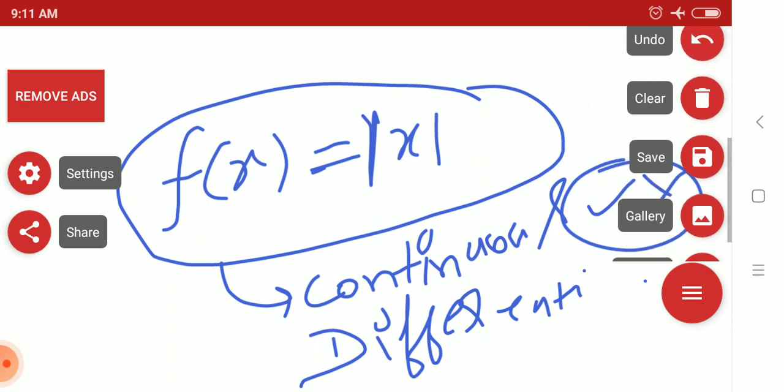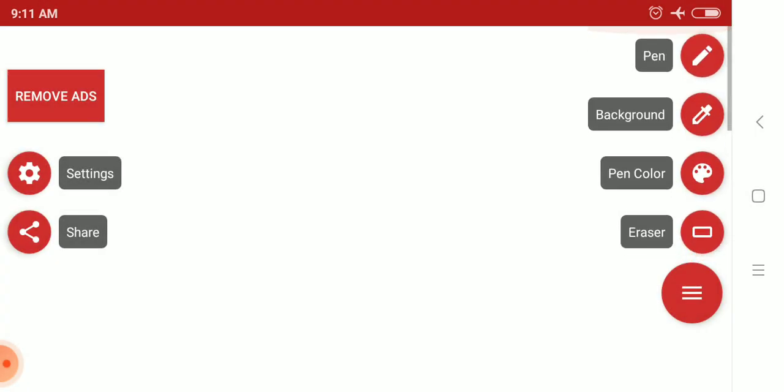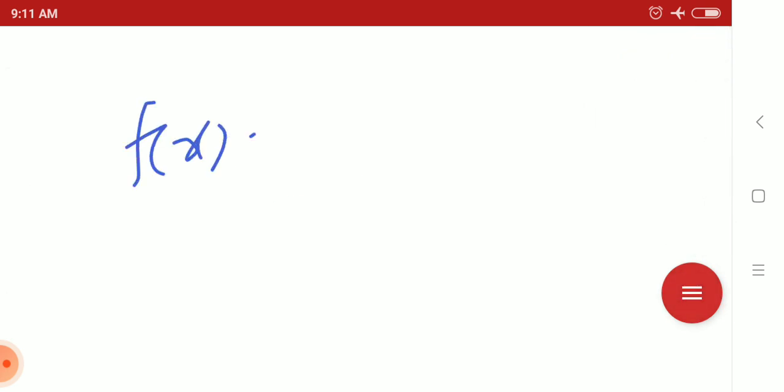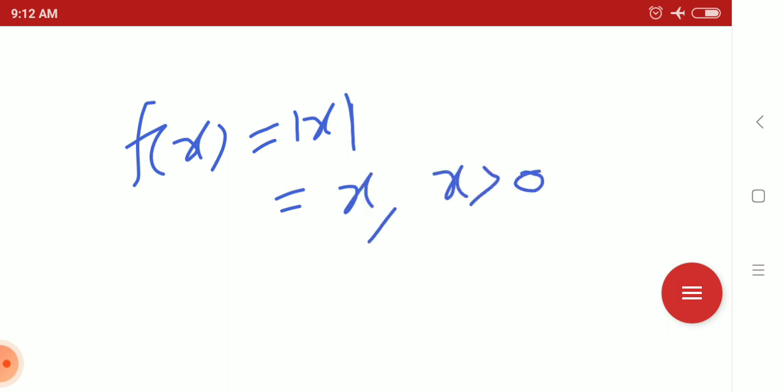First of all, this is a very interesting function, mod of x. Sorry, not modulus of x, f of x equals mod of x. So what do we mean by f of x equals mod of x? It means f of x equals x for x greater than 0 and f of x equals minus x for x less than 0.